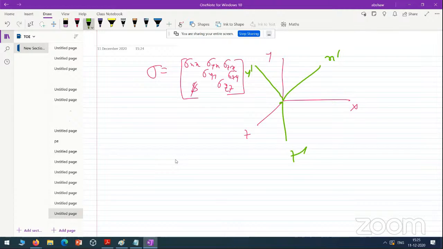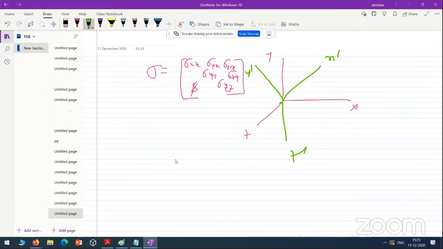So at the same point, you have different values of the stress tensor, the matrix, if you write them with respect to different coordinate systems, isn't it? The individual elements in the matrix change.